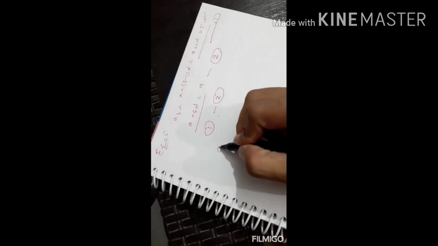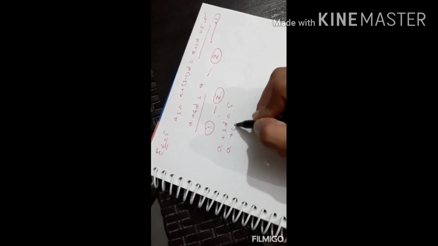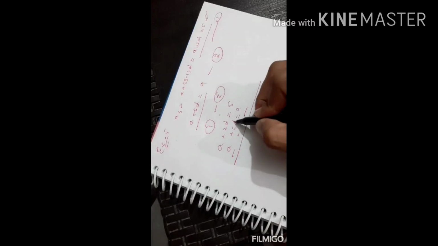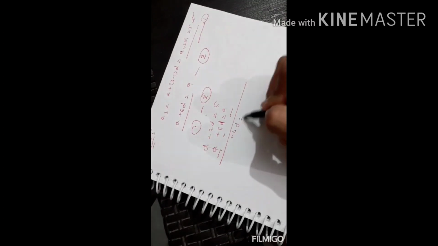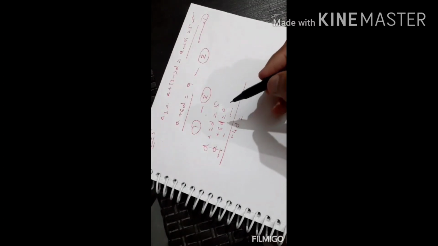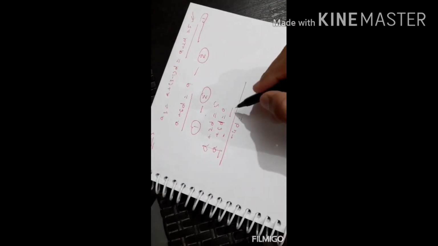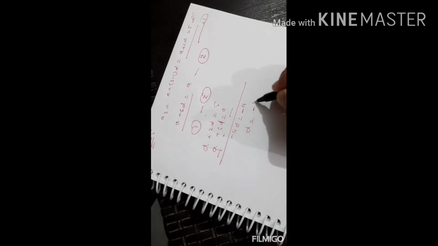So a plus 2d equals 5, a plus 6d equals 9. The a will get cancelled. 2d minus 6d is minus 4d equals 5 minus 9, which is minus 4. So d equals minus 4 divided by minus 4, which equals 1.